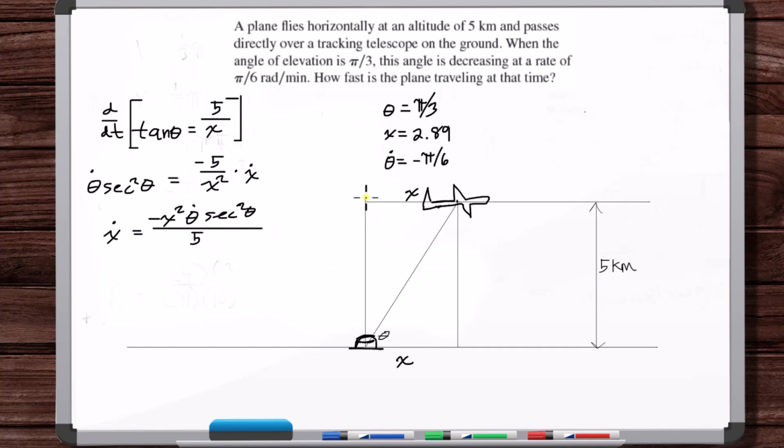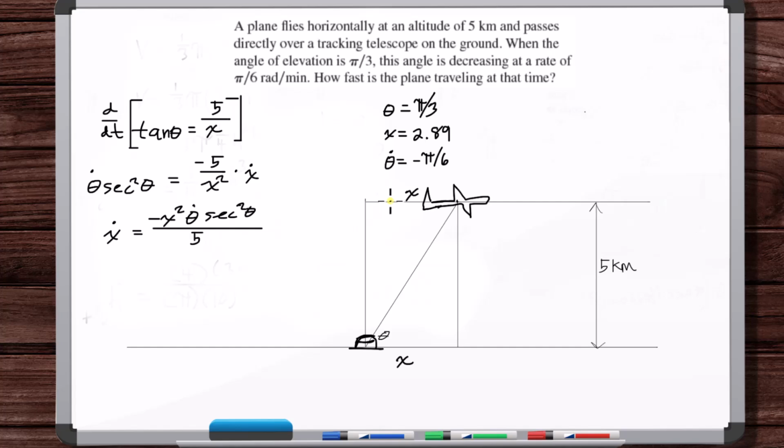You can imagine the system starts right when the plane passes over the tracking telescope. That's when our little system starts here. When I say system, this system of lines and triangles, that's when it starts.